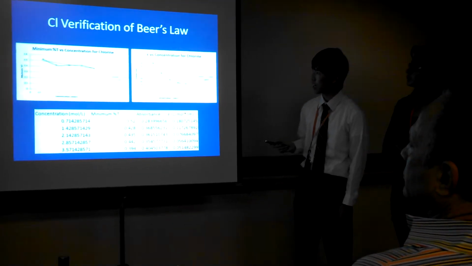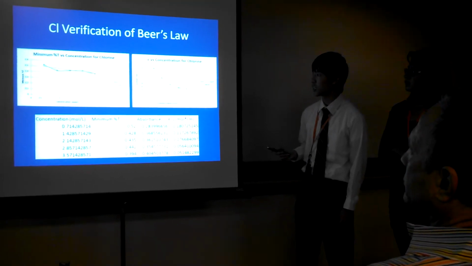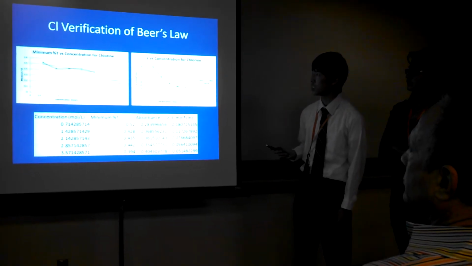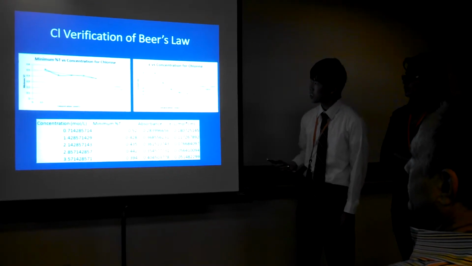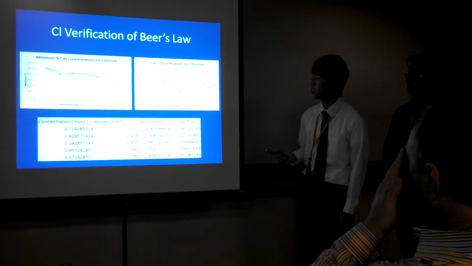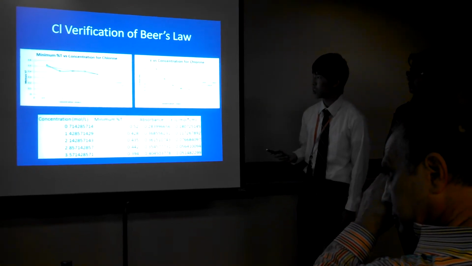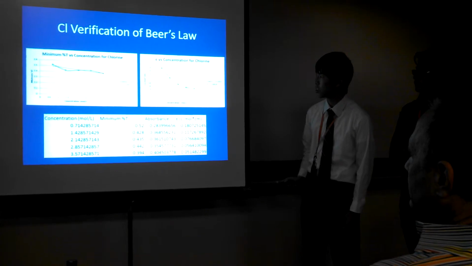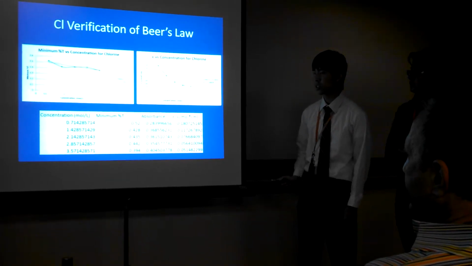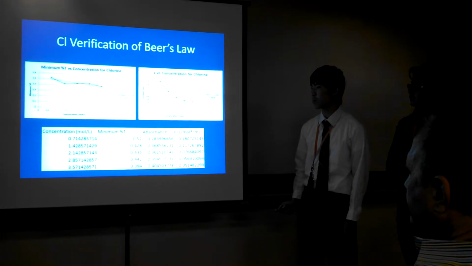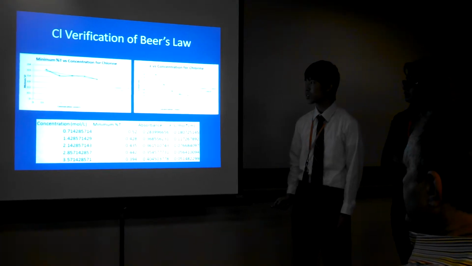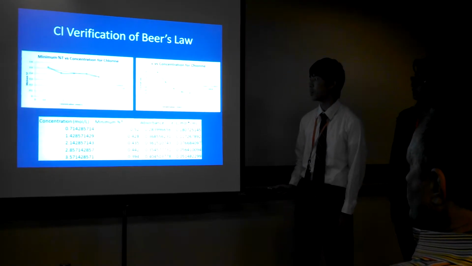First we varied the concentration of chlorine to see if Beer's law was correct. If Beer's law was correct, there would be a linear relationship on this graph, minimum percent T versus concentration. We did a linear regression to find the trend line and found a correlation coefficient of 0.65. That means how good a fit the linear trend line is. The closer this value is to 1, the better the fit is.